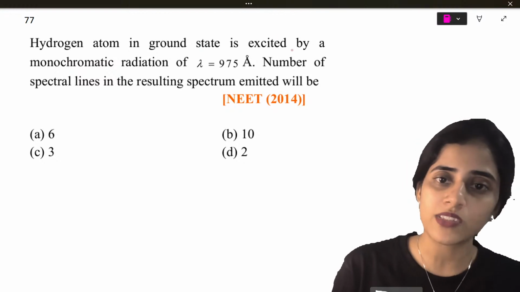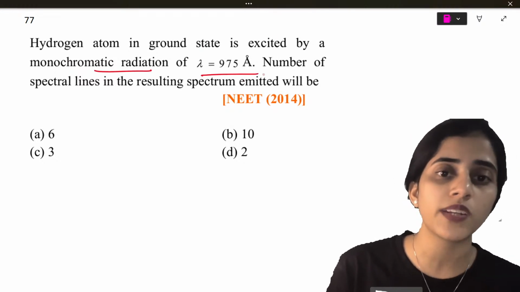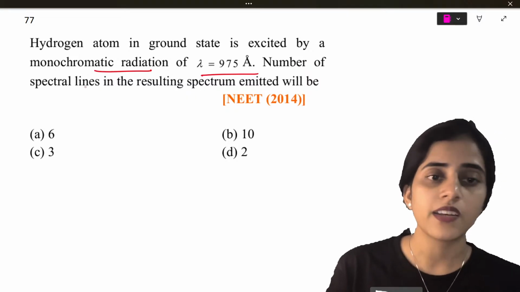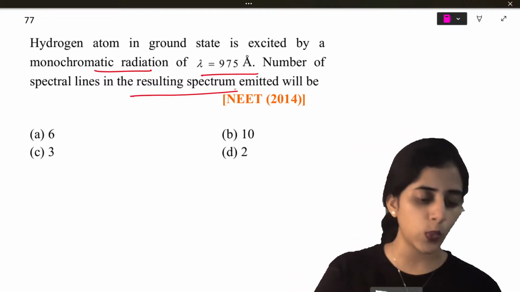A hydrogen atom in ground state is excited by a monochromatic radiation of lambda equal to 975 Angstrom. The number of spectral lines in the resulting emission spectrum will be.